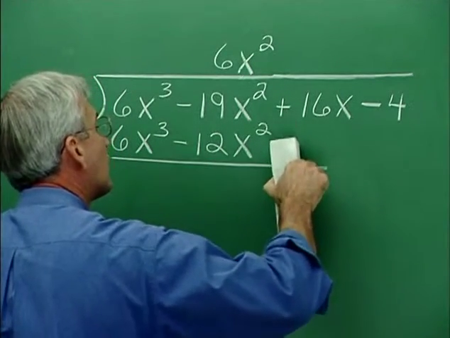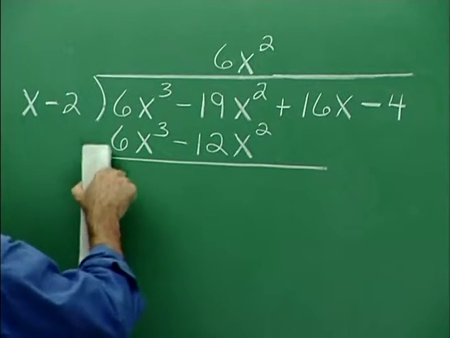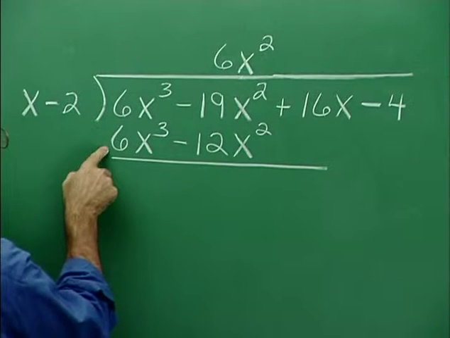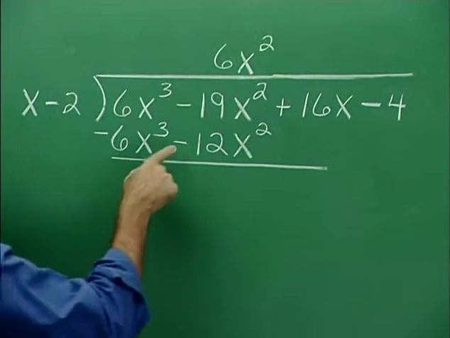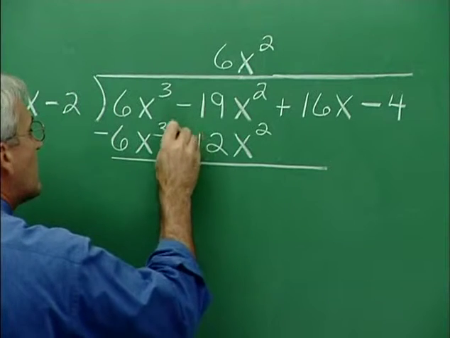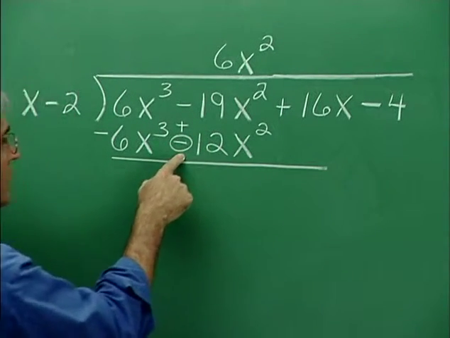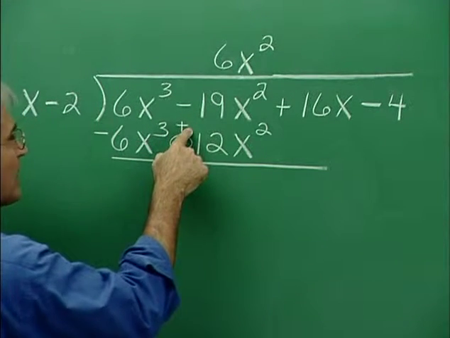This is a lot safer. I know and can anticipate that I'm going to change those signs, so I'll do it like this. This is an understood plus sign, I'm going to make it a minus sign. And this is a minus sign, I want to make it a plus sign. Notice how I put a circle around the existing sign here, and then I put the changed sign above that circle.